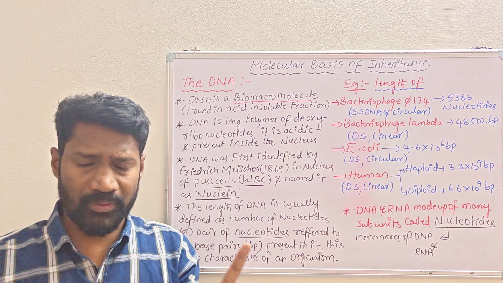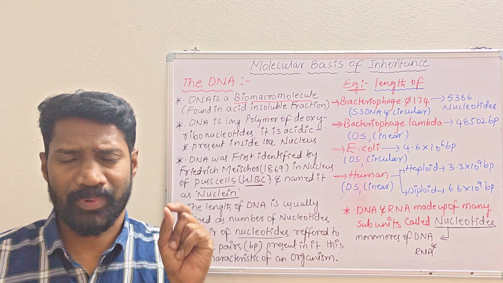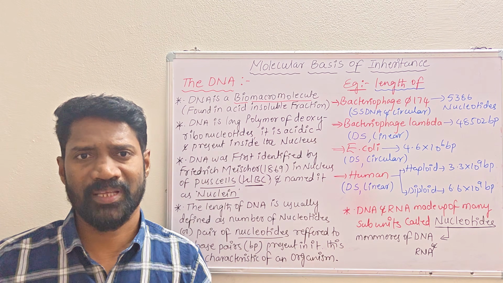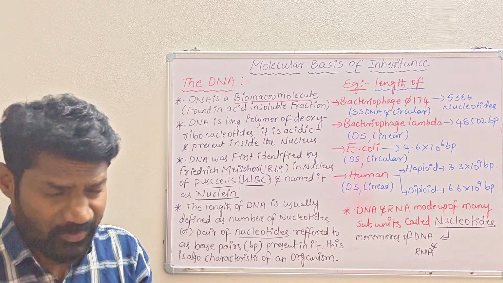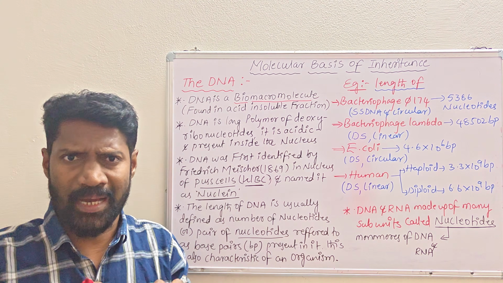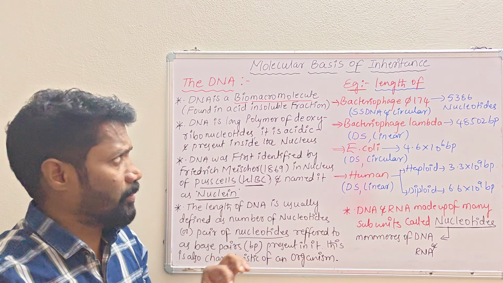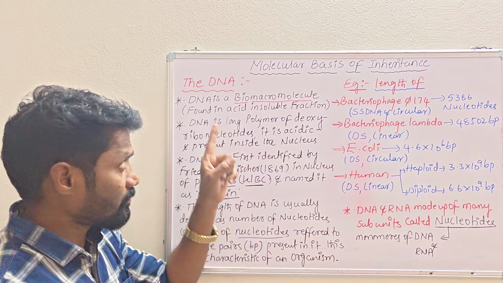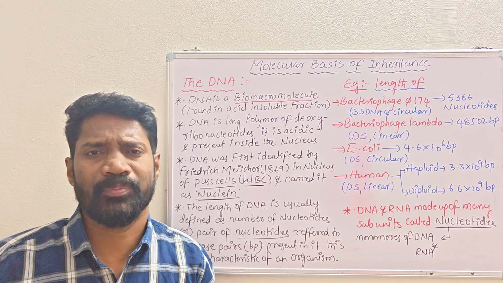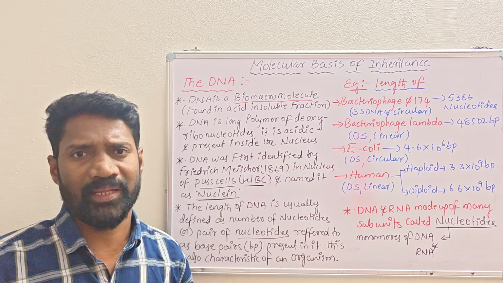The molecules which are filtered and present in the acid soluble fraction are called biomicromolecules, but those which remain in the acid insoluble fraction are called biomacromolecules. Here DNA is one example of a biomacromolecule.